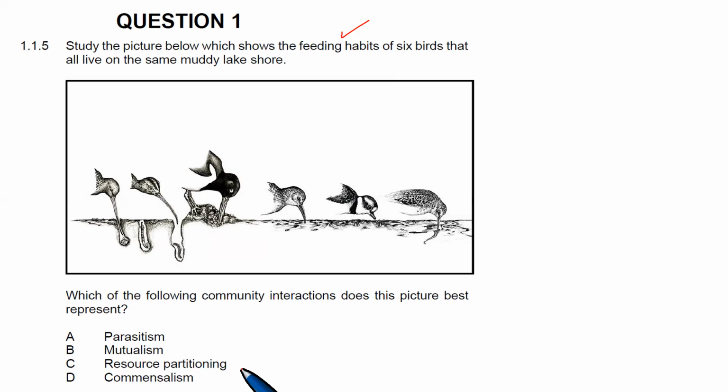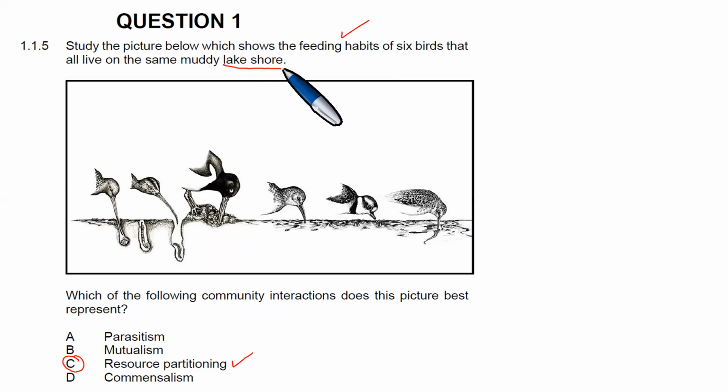Okay, it's an obvious one, this one. It was most certainly a giveaway. I'm going to look at a lot of questions of this nature. But surely, if you look at these very carefully, this demonstrates a notion we call resource partitioning. We can see that they live on a lake shore.